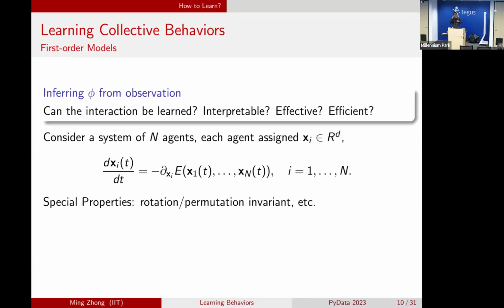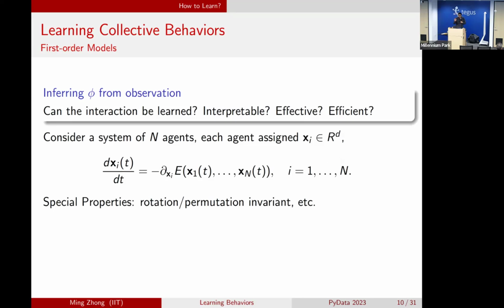Most importantly, I want the change of the state of these agents to follow the so-called least action principle, because we are always optimizing. I want to preserve, to save energy. So it goes along the negative gradient of a certain system energy. So we are always saving energy, okay?